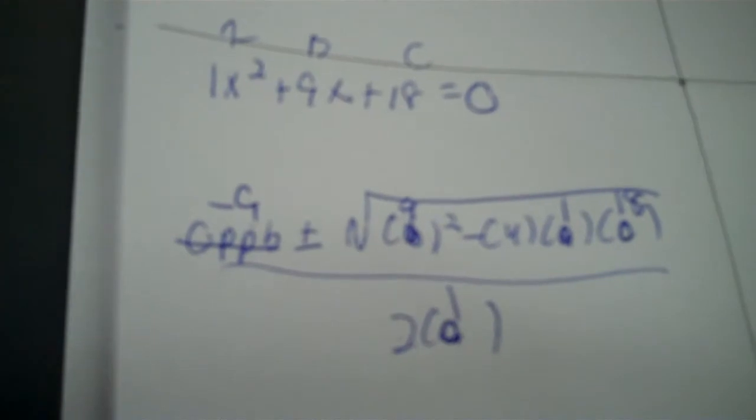So we know we have negative 9. We know we have 2 times 1 is 2. Okay, I'll make the square root up here. 9 times itself would be 81. Then 4 times 1 times 18 is 72. That gives me 9. The square root of 9 is 3. That's on the board, okay?